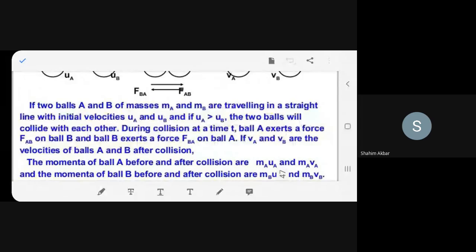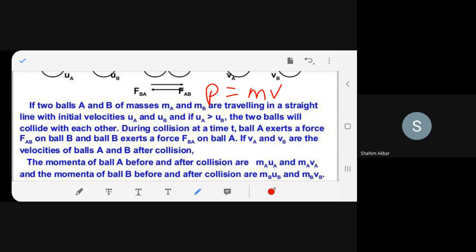The momenta of ball A before and after collision are MAUA and MAVA. What is the actual formula of momentum? P is equal to mv, so mass into velocity.